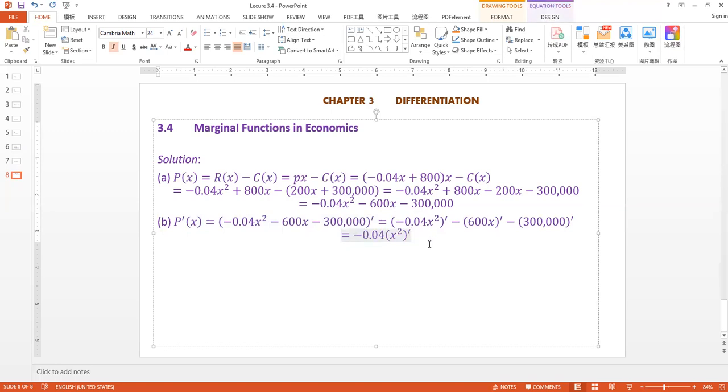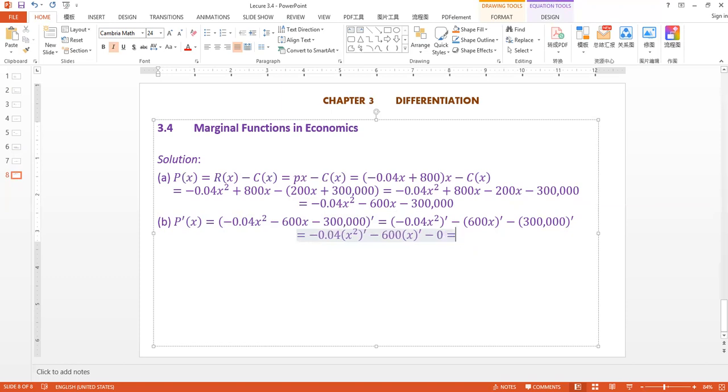And then the second term is just 600 times x prime. Okay, and the third term is just a 0 because we know the derivative of a constant is always 0.